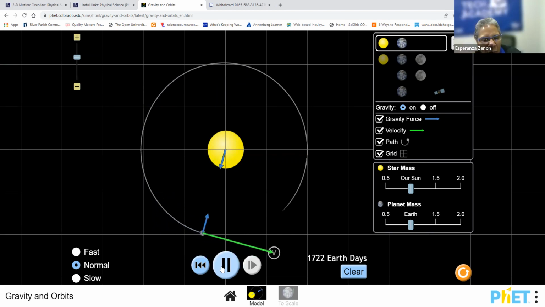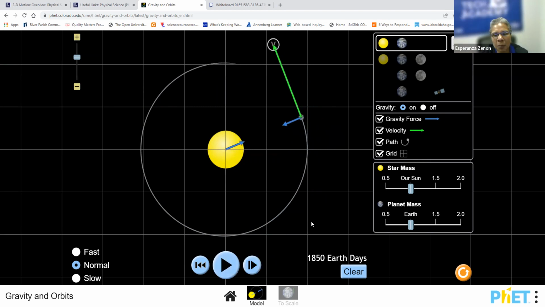And we call that uniform circular motion. Circular motion where the speed is fixed or uniform, okay? So those of you in lab will have an opportunity to use this simulator to get some more interaction with this whole idea of orbit motion.